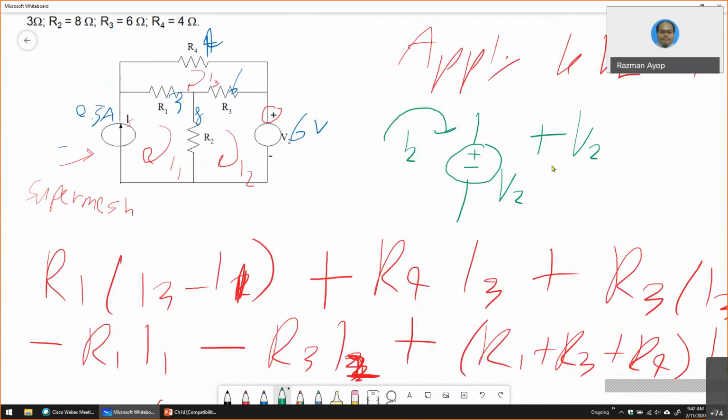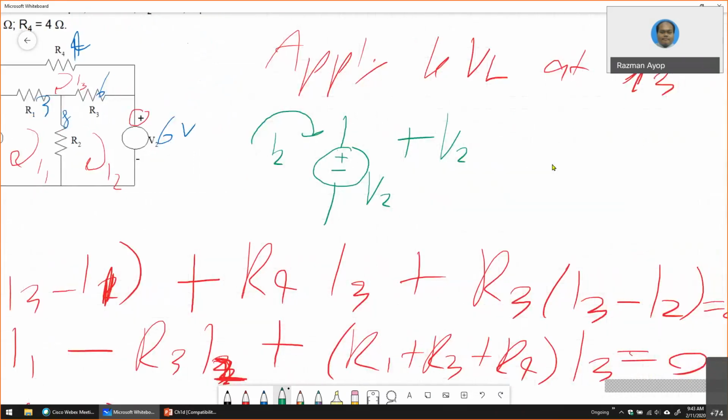Doctor, can I ask? I did the question by flipping I2 to the other direction, but I still get the same answer. Is it acceptable? If I2 is counterclockwise, yes, you will get the same answer, it is acceptable.